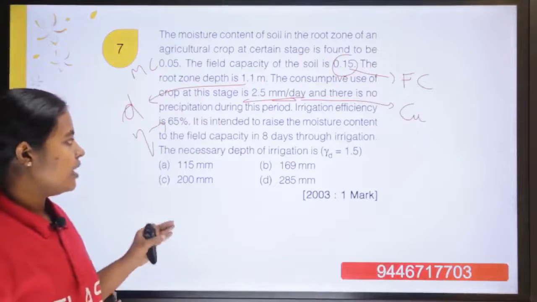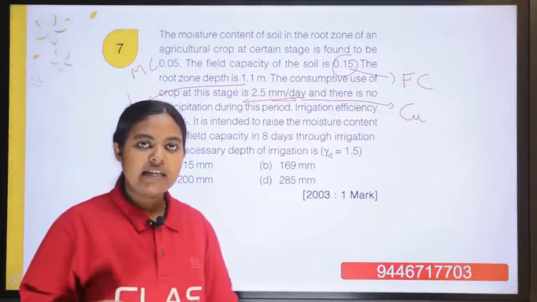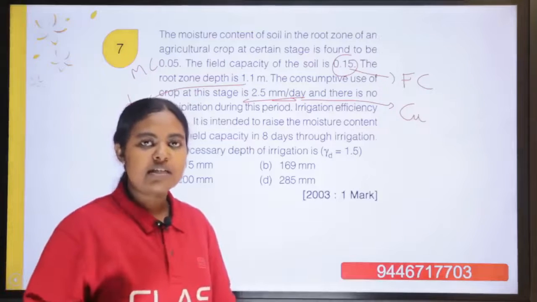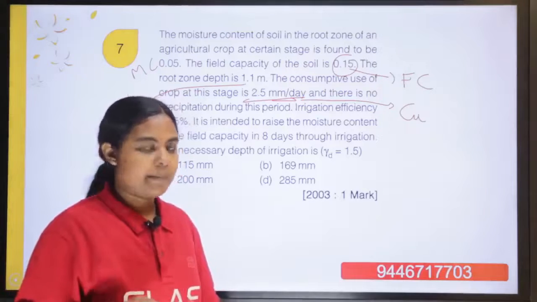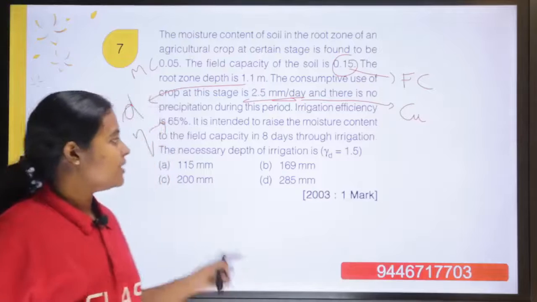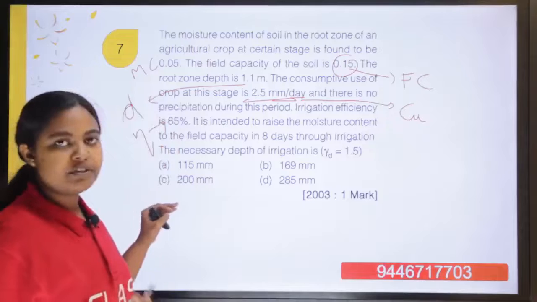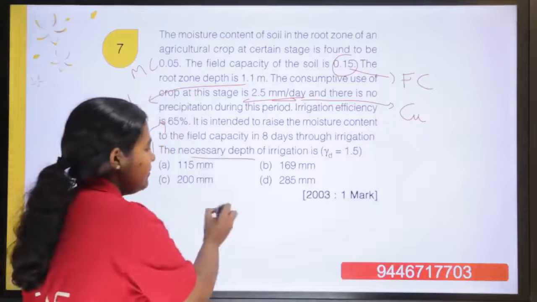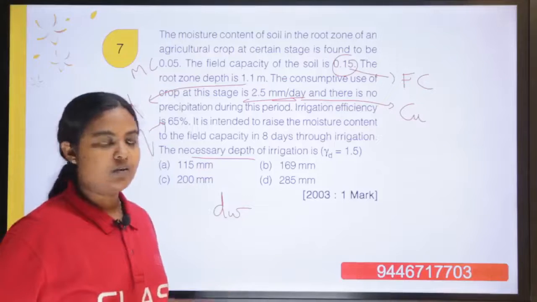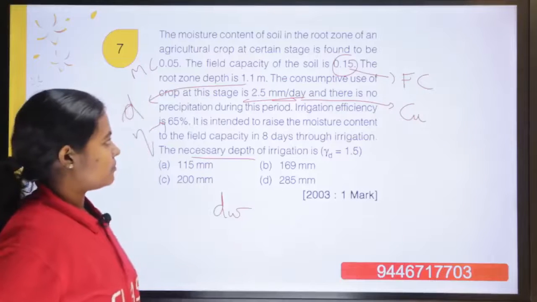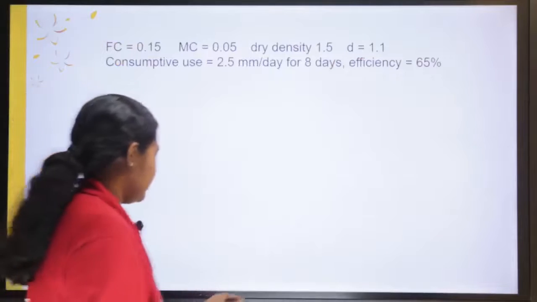That is, we are providing irrigation, and presently the moisture content is 0.05, and we are increasing it to the field capacity in 8 days. So now we have to find out the necessary depth of irrigation, or the depth of water to be applied. Okay, so we'll see this question in detail.